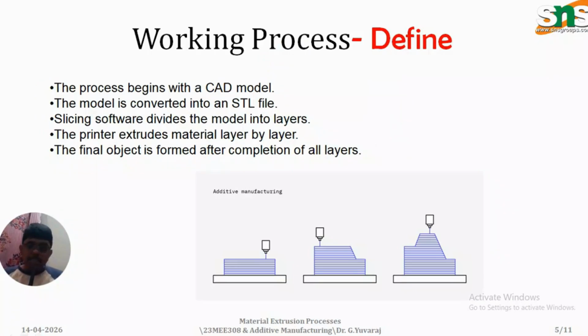Generally, this process begins with the CAD model. This model is converted into the STL file, that is the second step, and once the STL file has been converted, the slicing software divides the model into layers. The printer can then extrude the material in a layer by layer structure.